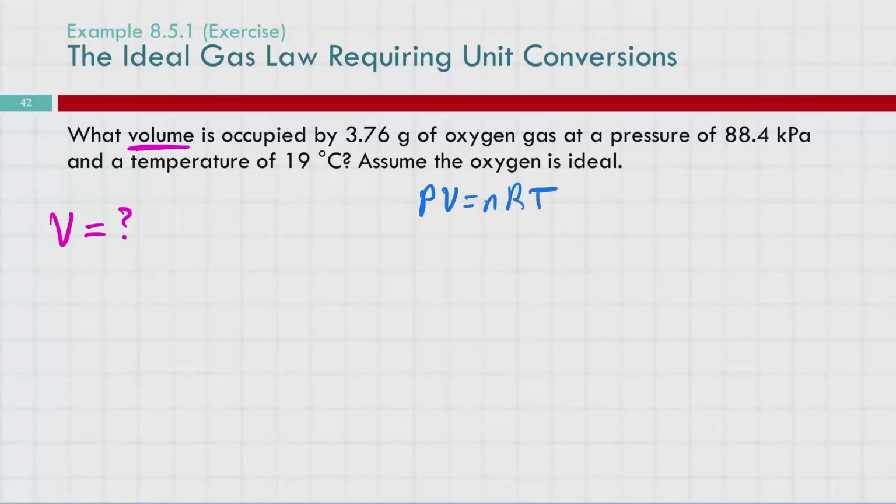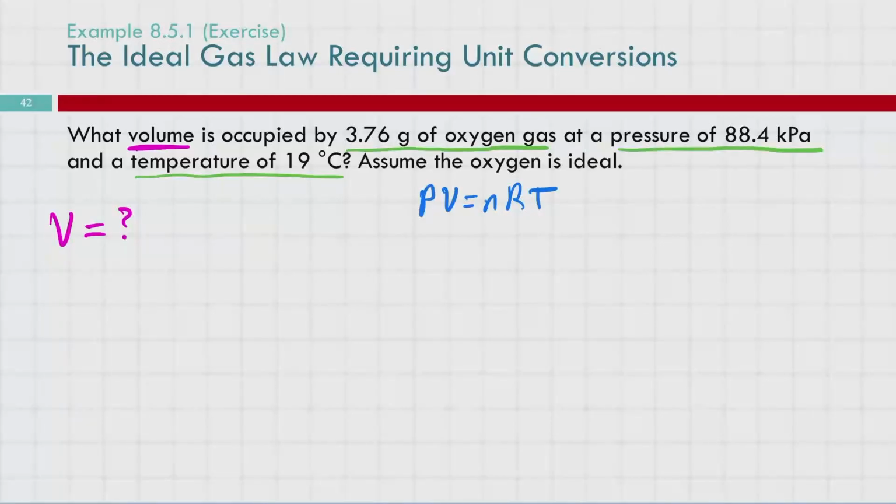What volume is occupied by 3.76 grams of oxygen gas at a pressure of 88.4 kilopascals? Look, it did show up. And a temperature of 19 degrees Celsius. Assume the oxygen is ideal oxygen.